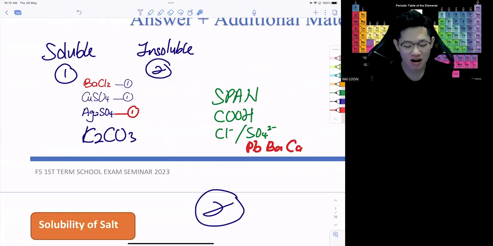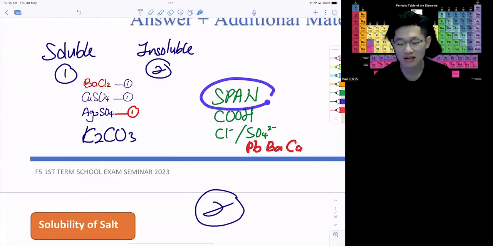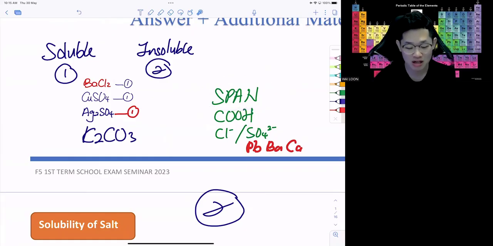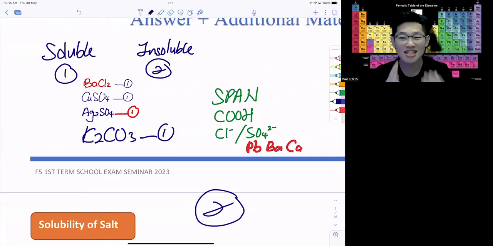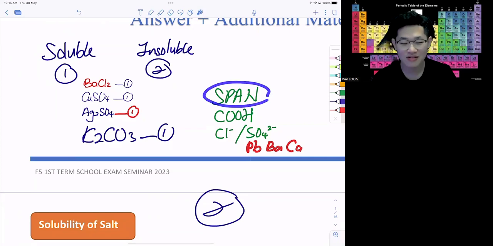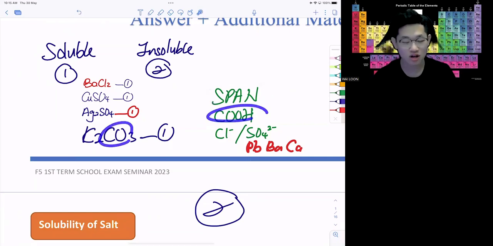When you see Cl, you start guessing. Go through one by one. Sodium, potassium, ammonium, nitrate. Oh, potassium. Soluble. Just like that. We prioritize the first group first, then only the COOH. You can't see CO, then you say insoluble.